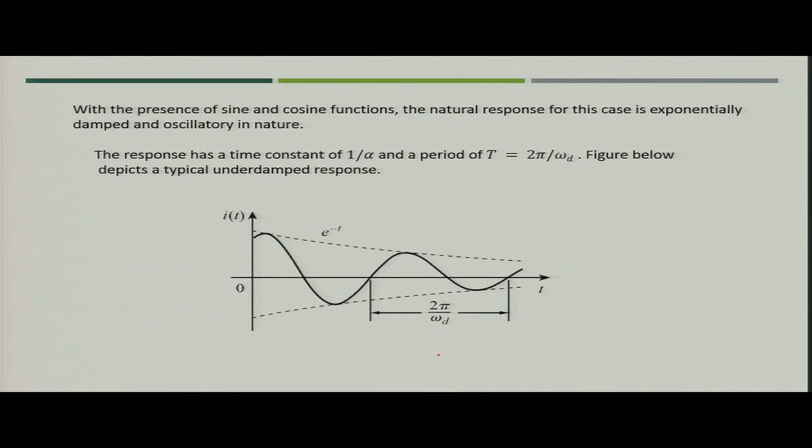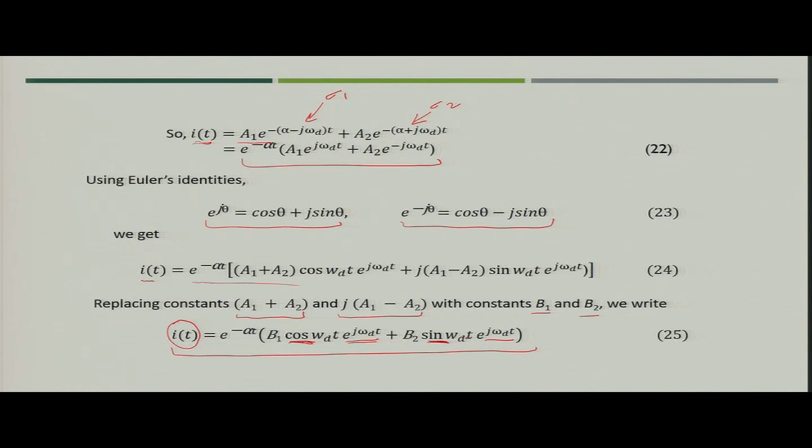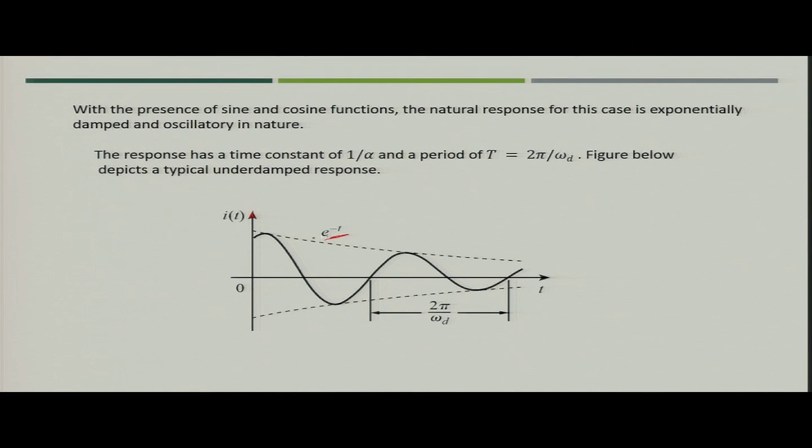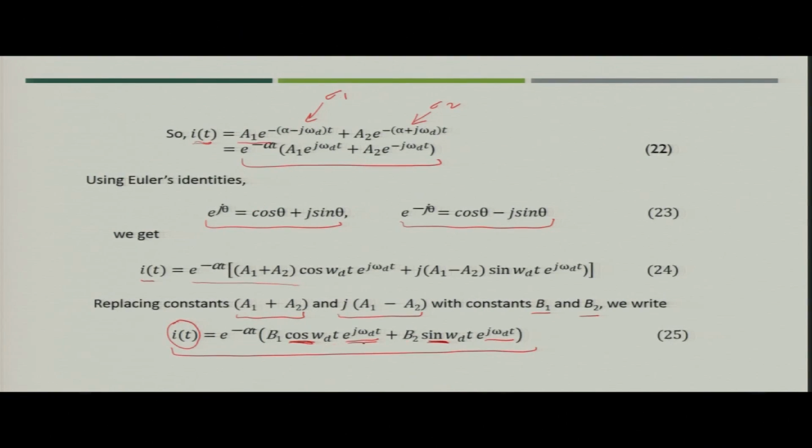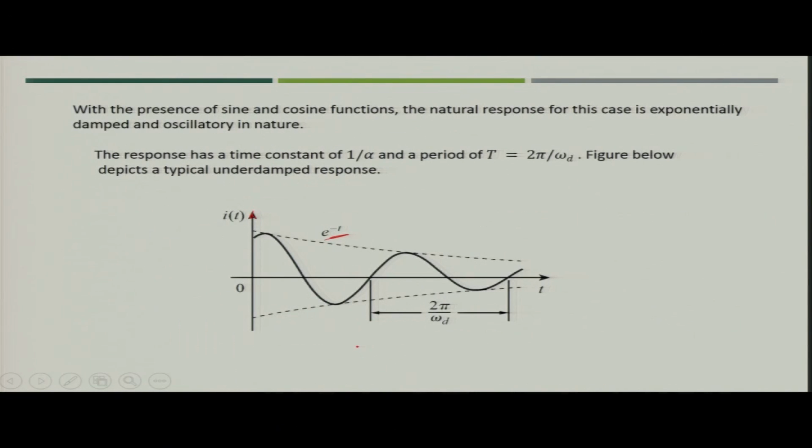So, how will the response look? The current would be exponentially decaying because of the e to the power minus factor, and also sinusoidally varying, because you have sin and cos terms in the equation. The response has a time constant of 1 by alpha, and the period will be T equal to 2 pi by omega d. This you can see from the figure.